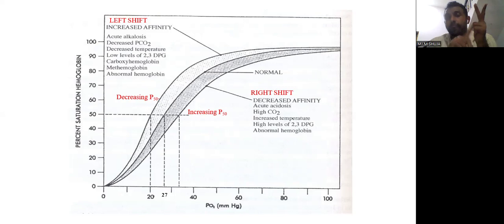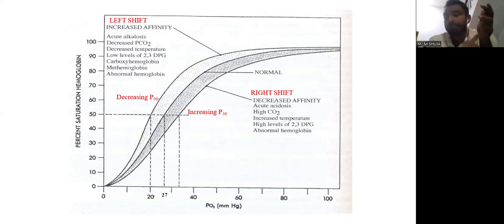If hemoglobin wants to release more oxygen, it should reduce its affinity for oxygen. When the hemoglobin affinity for oxygen is reduced, the curve is going to shift to the right and the P50 is increased. Okay, that you know. So when you are doing exercise, the curve is going to shift to the right. Now you are all okay with that.